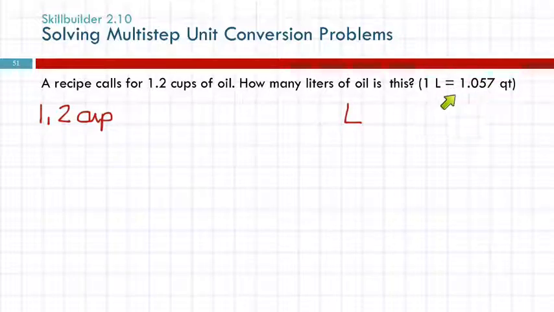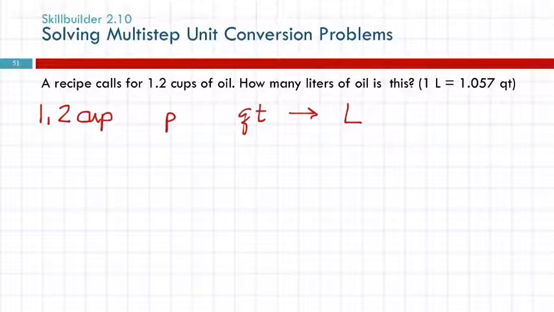This relationship that's given tells me that if I had quarts, I could find liters. So I could have quarts in here and go to liters using that conversion factor. And then I have to figure out how to get from cups to quarts. This is the ridiculousness of the English system. There's a unit in between.